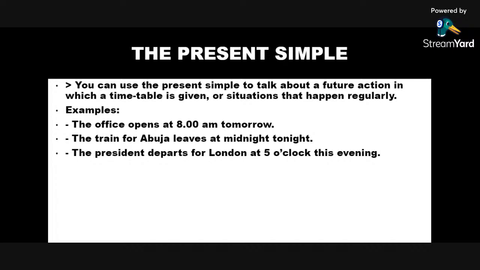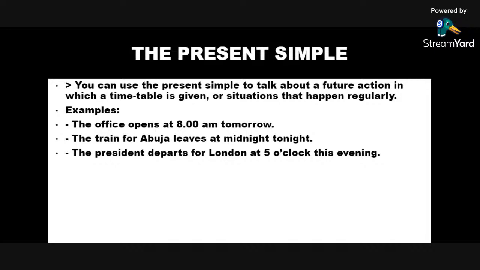So for any future event in which a timetable is given, you can use the simple present to talk about it. There may not be a timetable per se, but it's a situation that happens regularly or is simply expected to happen in the near future. So you can use the simple present tense to talk about it.